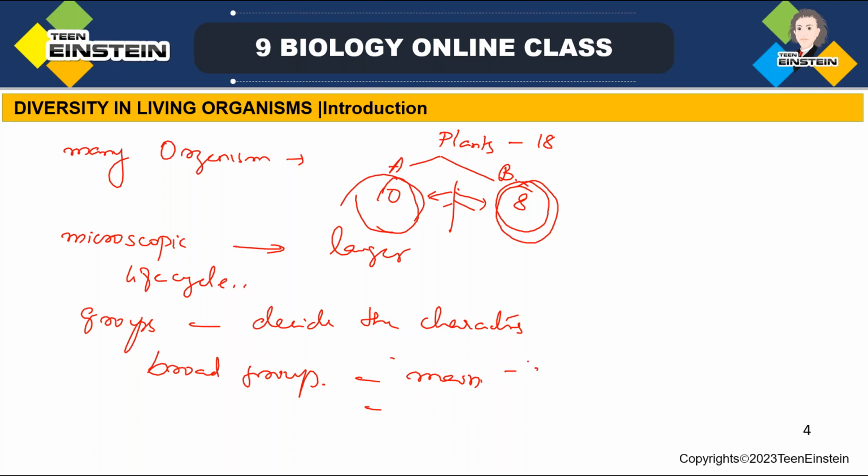Main features means very important features, and less important features will make subgroups. So the main groups will be based on the main or important features, and the subgroups will be based on the less important features.